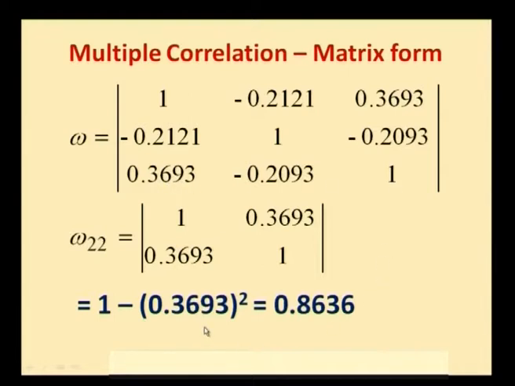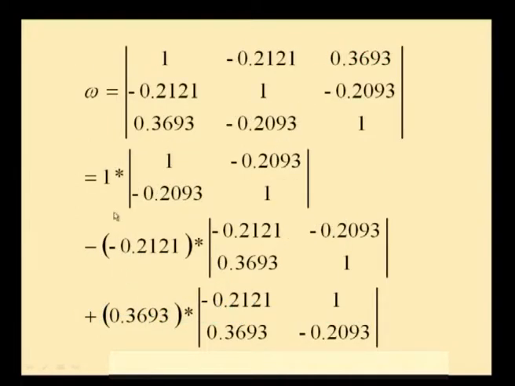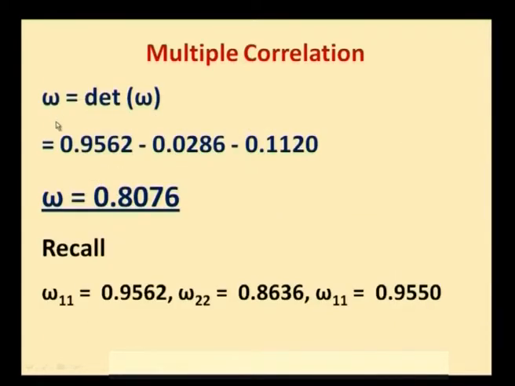Then third row first column, third row third column. Computations are quite straightforward, AD minus BC square. Similarly, omega 33. So, all these computations are essentially needed to calculate all the multiple correlations, and now we compute omega also. Omega is calculated as the determinant of the matrix, which we have as 0.8076.